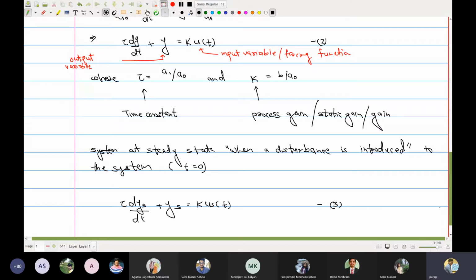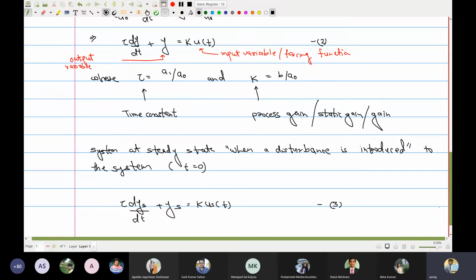Remember that in transform domain analysis we are dealing with two steady states. First, the steady state which already exists in the system, and then suddenly a disturbance is introduced to the system. Therefore, what is going to happen? The system will undergo some dynamical change.